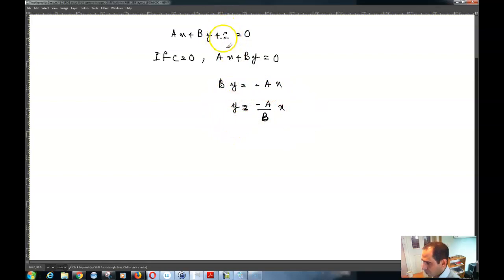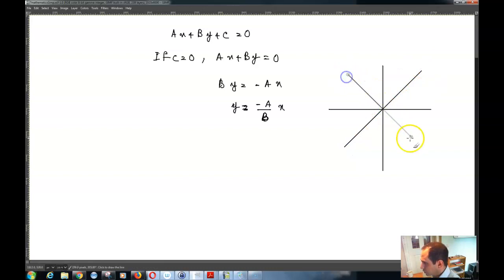So whenever c is equal to 0, that means the line simply goes through the origin in some orientation, either this way or some other way, but it doesn't go through any of the axes, so there is no intercept here.